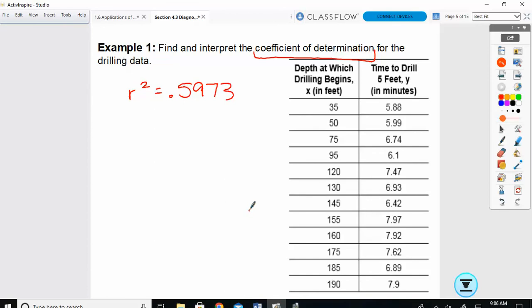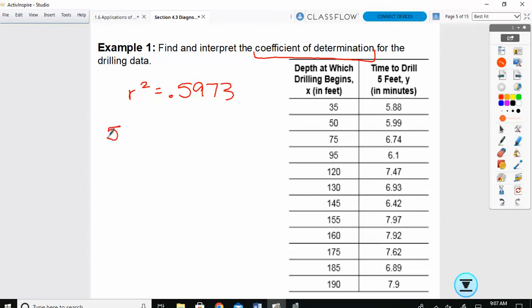And if you look at your formula sheet, it tells you exactly how to find this. It has the capital R squared equals lowercase r squared, so it tells us what we're looking for on the calculator. Then the bullet underneath that says the coefficient of determination, R squared, measures the proportion of total variation in the response that's explained by the regression line. So if I ask you to interpret it, we're writing a sentence, but that little blurb on our sheet tells us what our sentence should be.